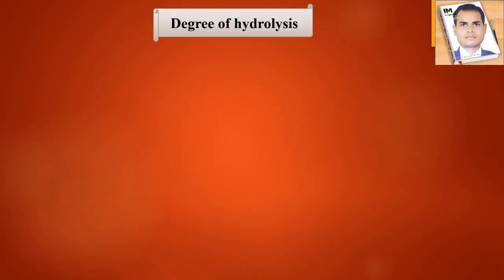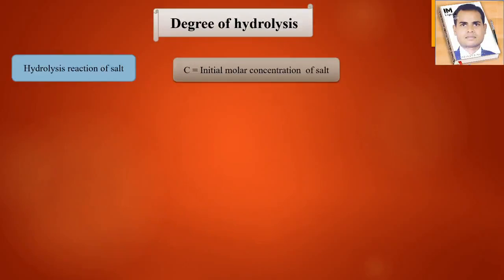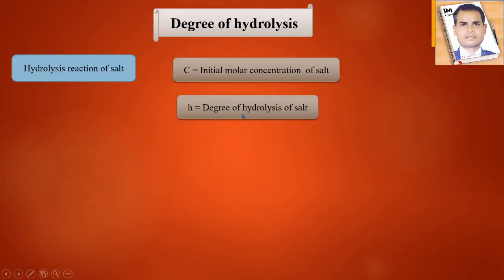Now consider the hydrolysis reaction of a salt. In that you will see small c. Small c stands for the initial molar concentration of the salt in the aqueous solution, and h stands for the degree of hydrolysis of the salt.